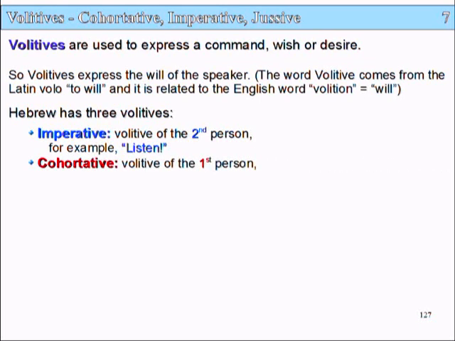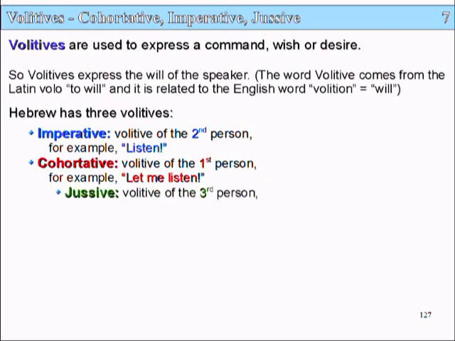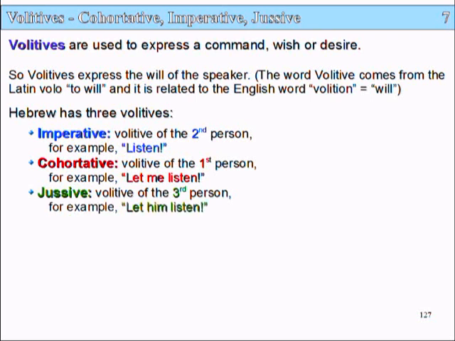The cohortive is a volitive of the first person. For example, let me listen, or let us listen. That's the first person volitive, the cohortive. And the third volitive is called the jussive, and this is a volitive of the third person. For example, let him listen.